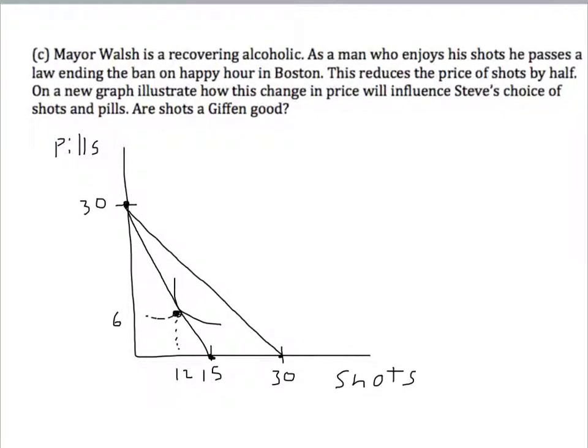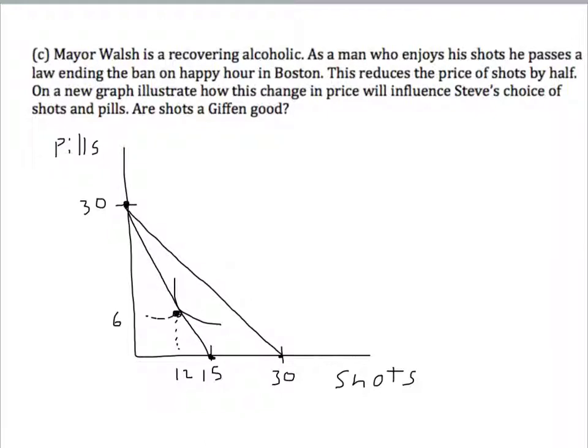We know that from the previous question, shots are a normal good, so this lowering of price will have a positive income effect. We also know that the substitution effect is always positive when the price is lowered, so we know that our graph should illustrate an increase in consumption of shots. Furthermore, we know that pills are an inferior good, so the income effect on pills should be negative.